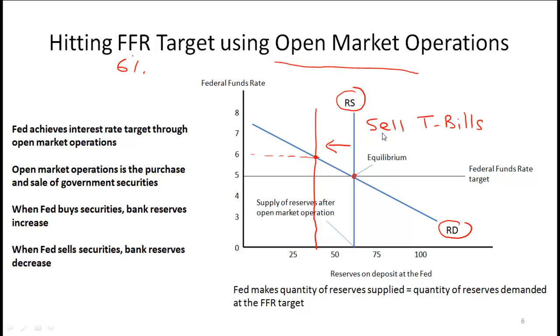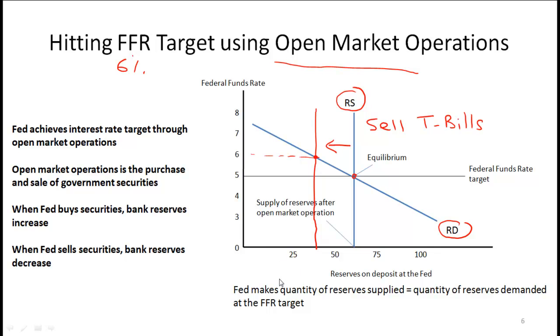When the Fed sells government securities, money leaves the banking system, and hence the supply of reserves at banks will go down. This line will shift to the left. There is no change in the demand curve, so the new federal funds rate will be 6%.